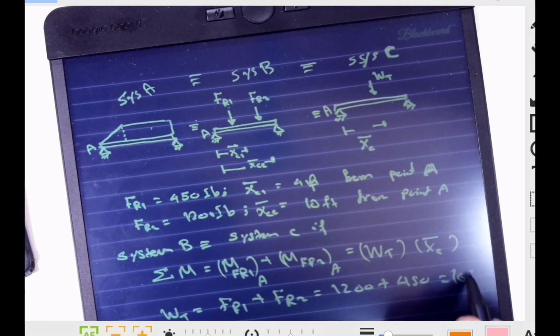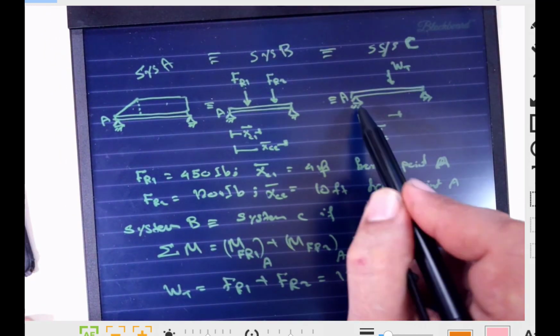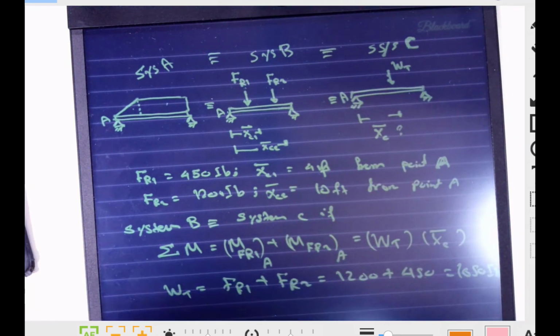This is again 1650 pound, WT, located somewhere measured from A, and we denote that by XC, and we want to find that.